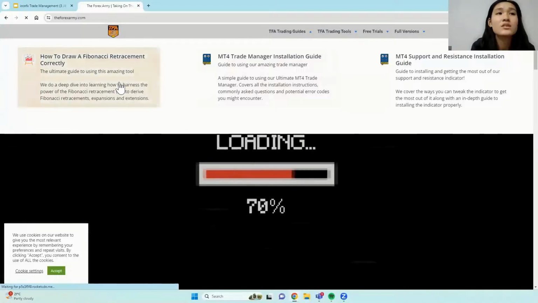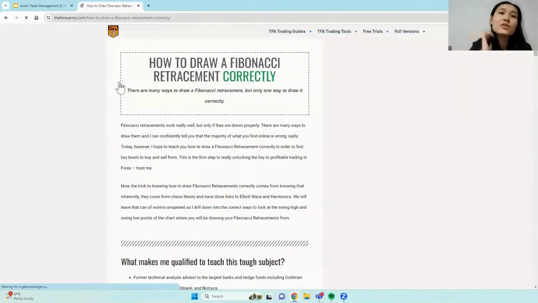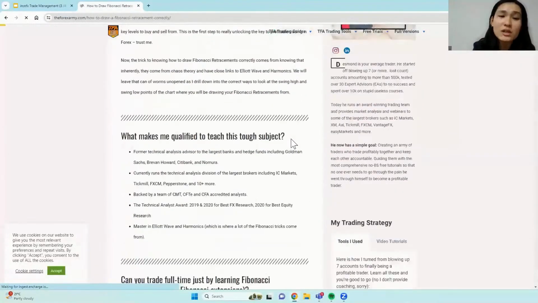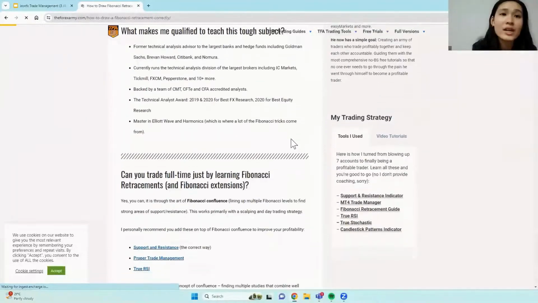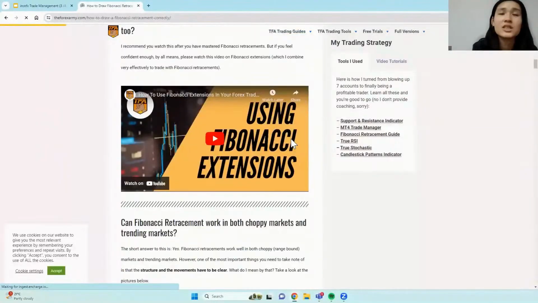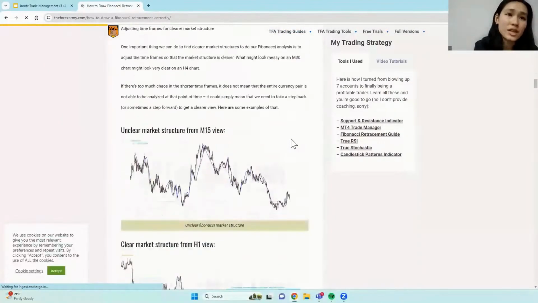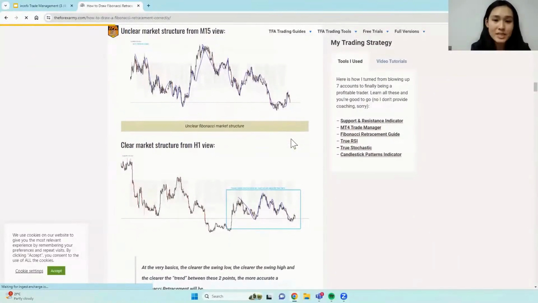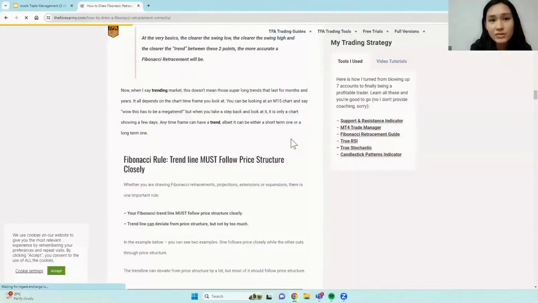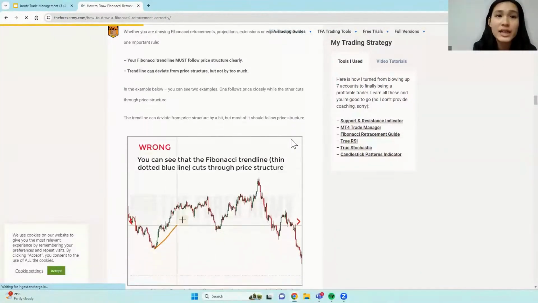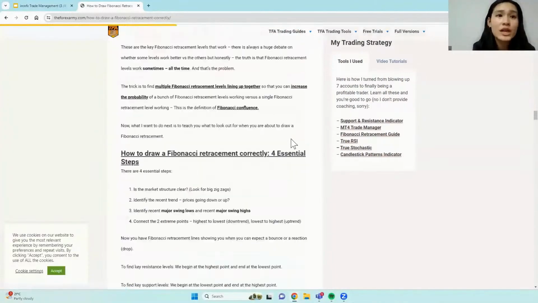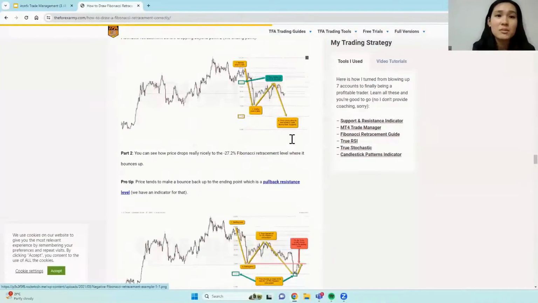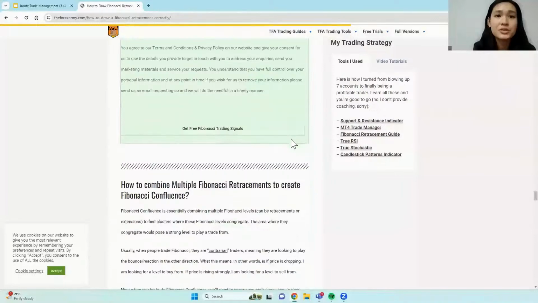If you're not too familiar with Fibonacci as well, we have a pretty in-depth explanation here. Just some pretty basic but important things to take note of if you're just starting out with technical analysis. Over here, we are focusing on Fibonacci, but let me show you.